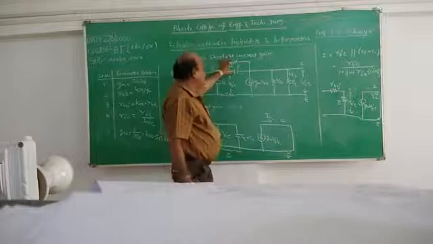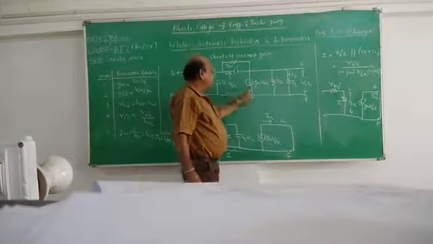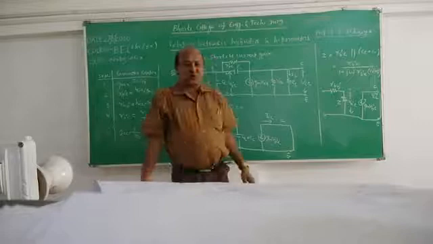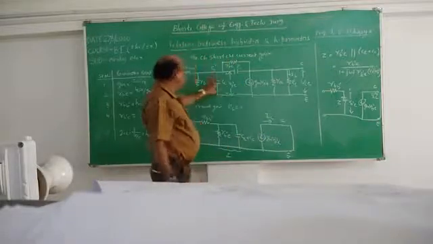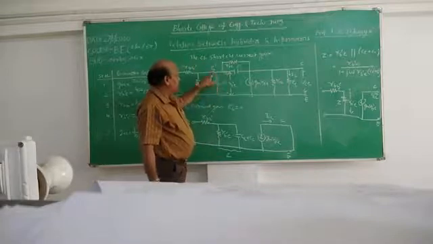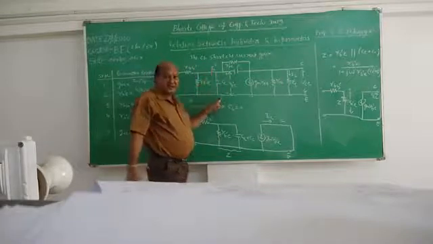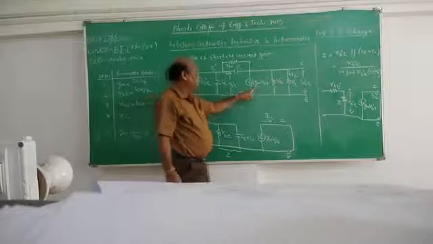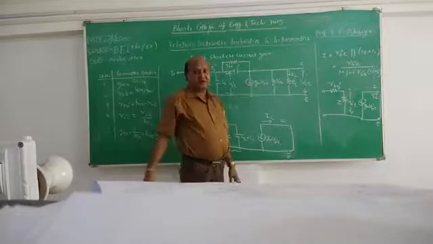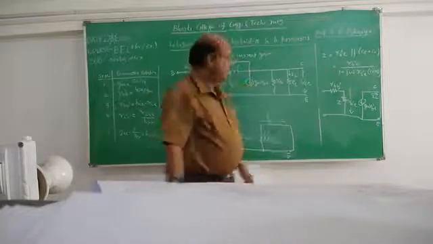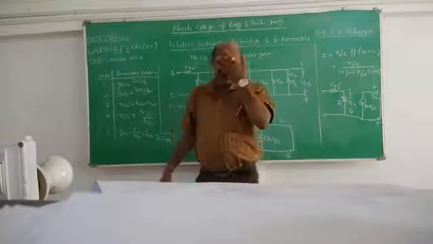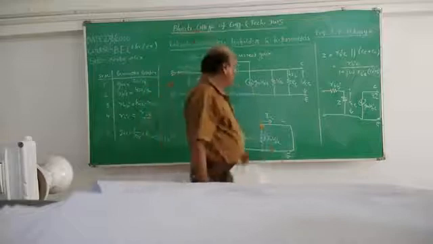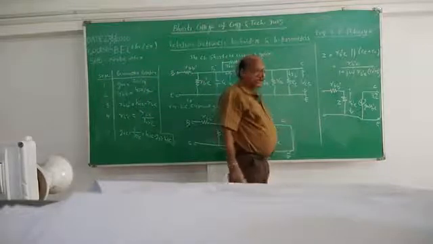So this is the parallel combination, and this is the output current source, gm into Vb'e. Vb'e is the input voltage between the base spreading terminal and the emitter terminal. So gm into Vb'e is the current source at the output side, and rce is the collector to emitter resistance connected here, and finally the load resistance RL is connected.